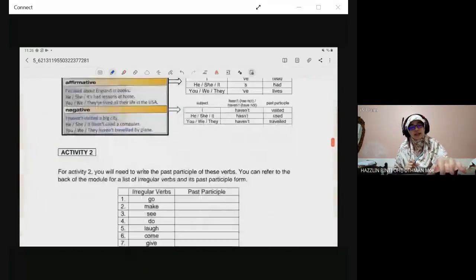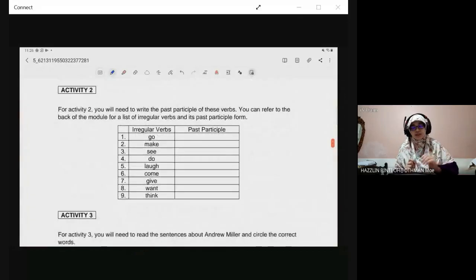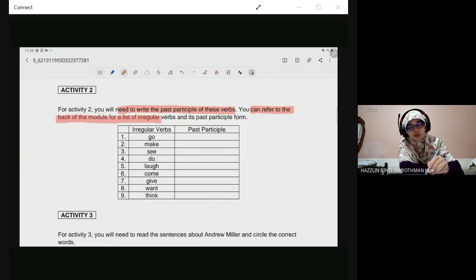Okay, next, let's go to the first activity for today. The first activity is very simple. You need to write the past participle of these verbs. You can refer to the back of the module for a list of irregular verbs and their past participle forms.